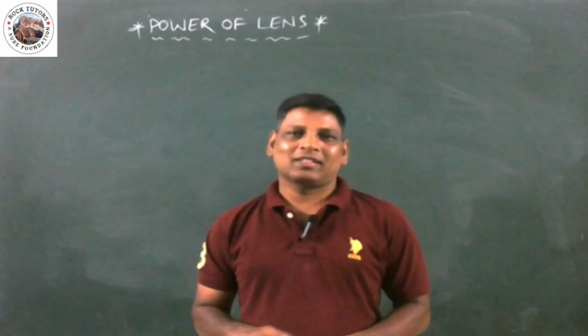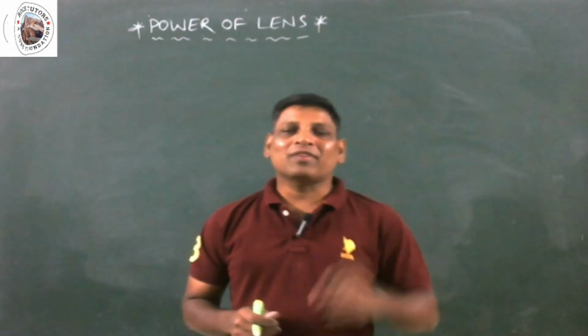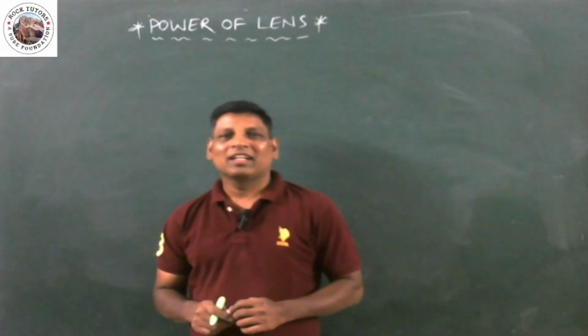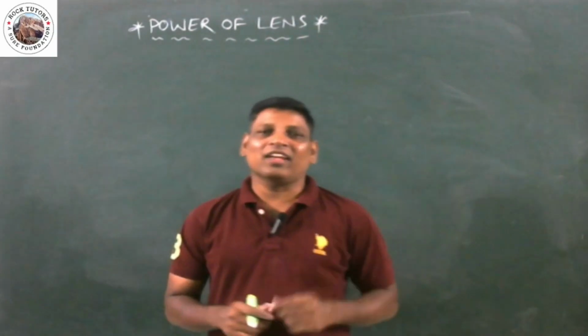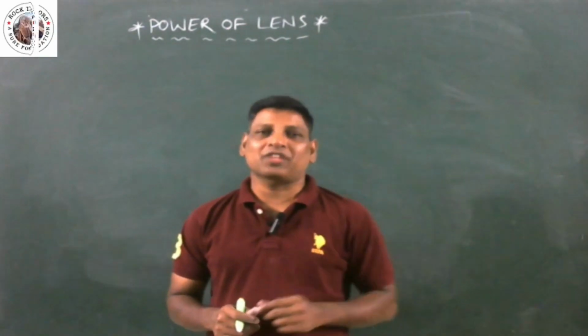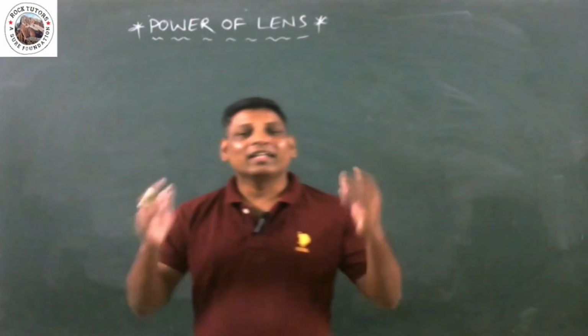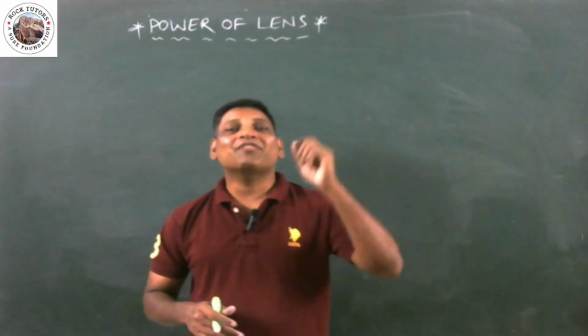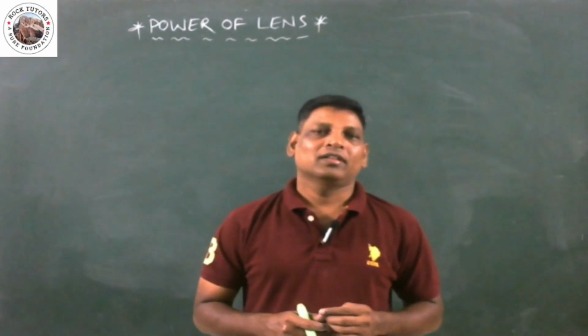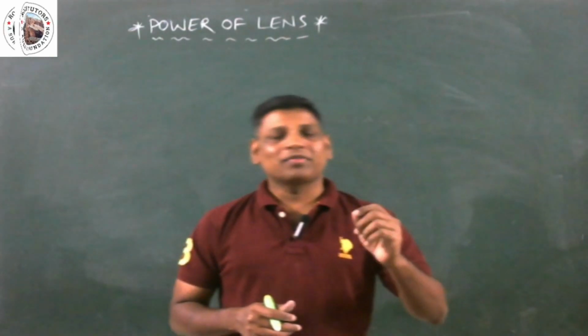Power of lens means how much angle the incident rays deviate after refraction. That means the angle of deviation is called the power of lens.